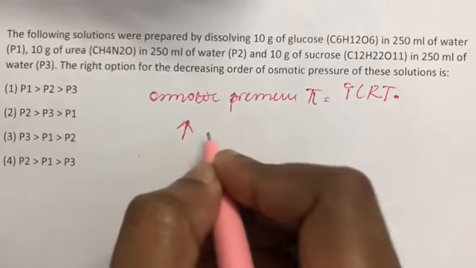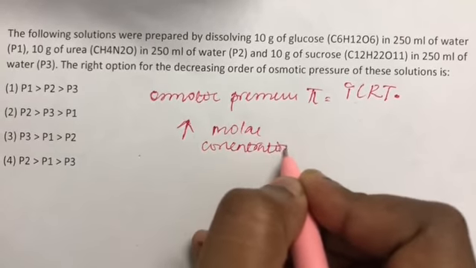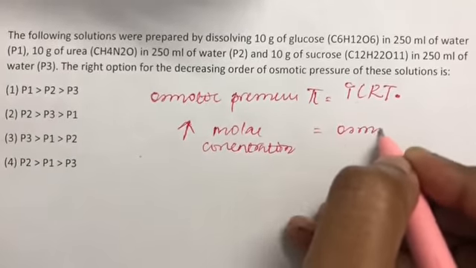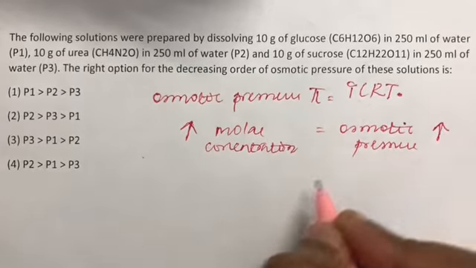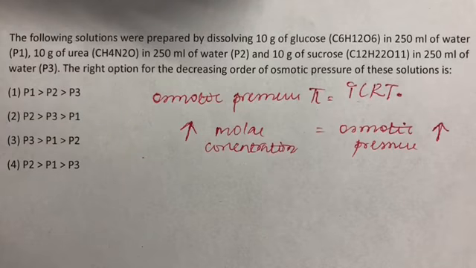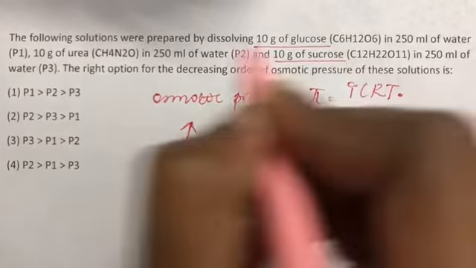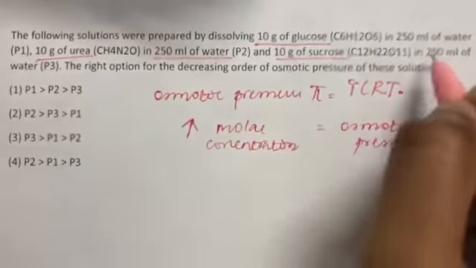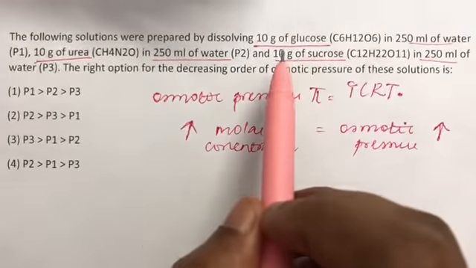We know that with increase in molar concentration of the solution, osmotic pressure also increases. Since the weight of all the solutes and the solution volumes are equal, because it is 10 gram of glucose, 10 gram of sucrose, and 10 gram of urea in 250 ml of water in all 3 cases, the higher the molar mass of the solute, the smaller the molar concentration, and the smaller the osmotic pressure.